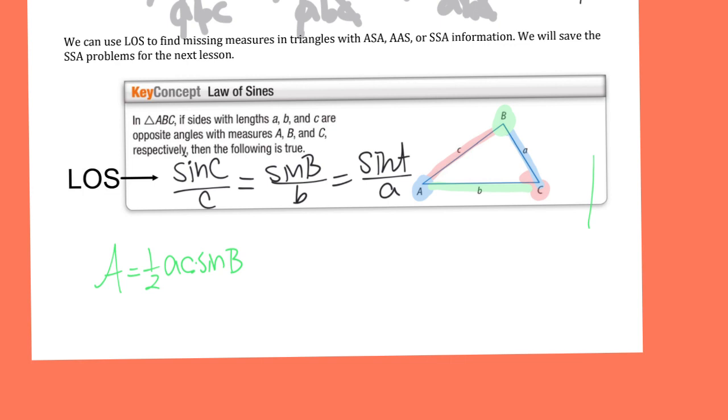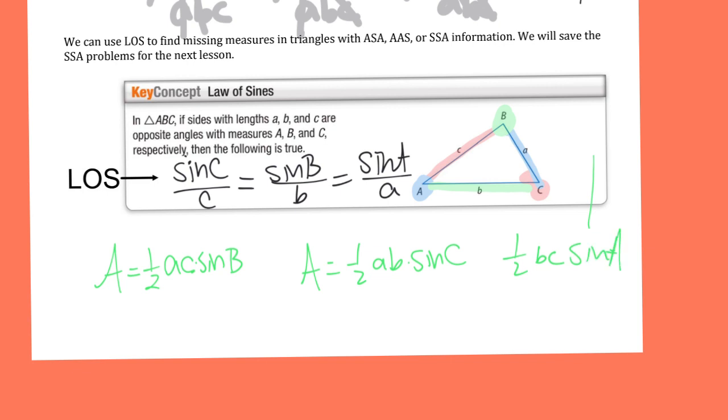The area of any other triangle would be 1/2 times A times B times the sine of C. And another way you could do it is 1/2 of BC times the sine of A.